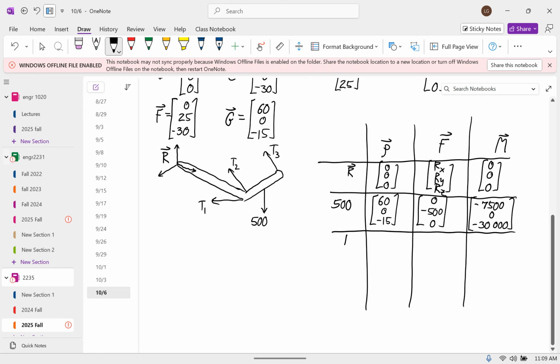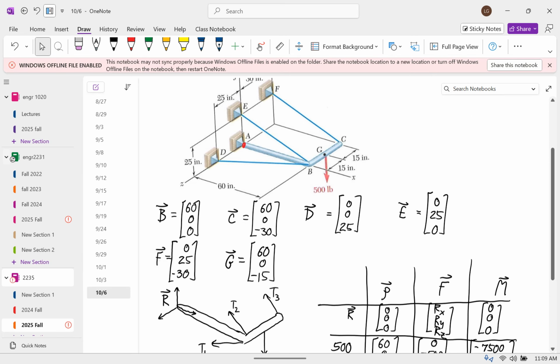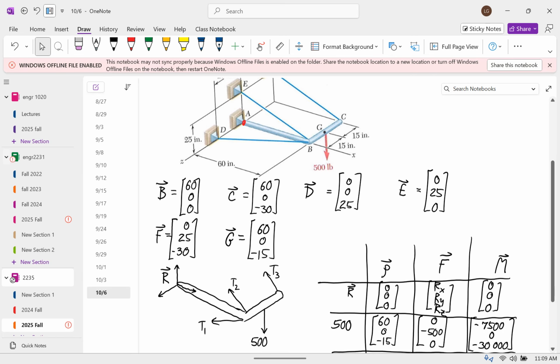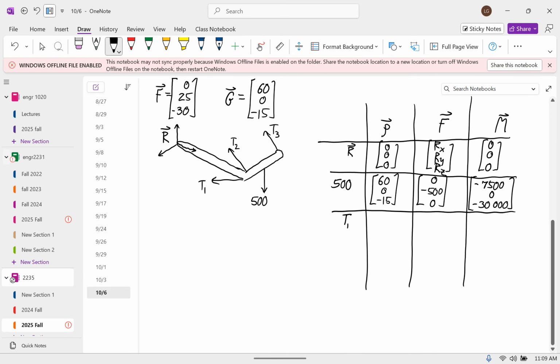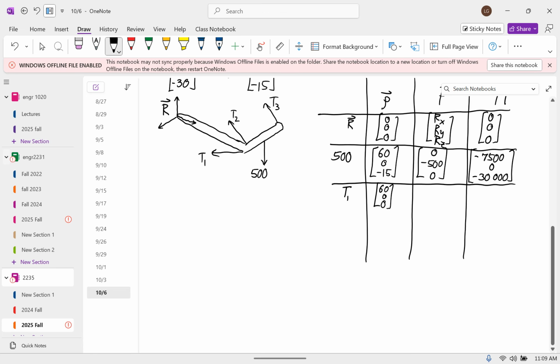I'll start with T1. That acts at the point B. So our row vector is 60, 0, 0. Now we have to figure out some stuff about the direction.